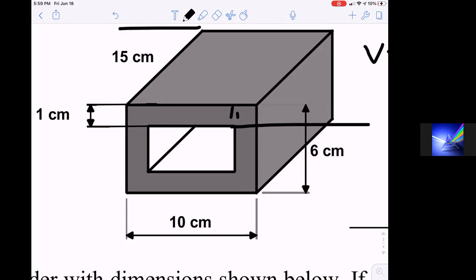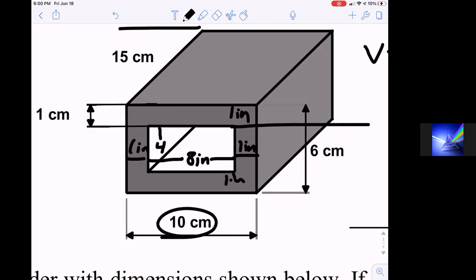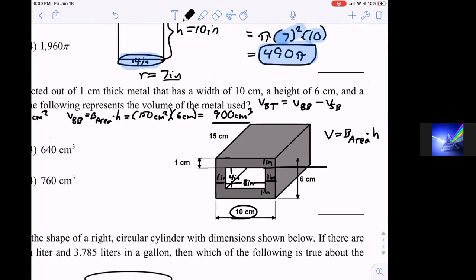So you have 1 inch here, 1 inch here, 1 inch here, and 1 inch here. So in other words, if we take 10 inches minus 1 inch plus 1 inch, that means this is really 8 inches wide and 4 inches tall. In other words, we have to subtract 2 inches from that.